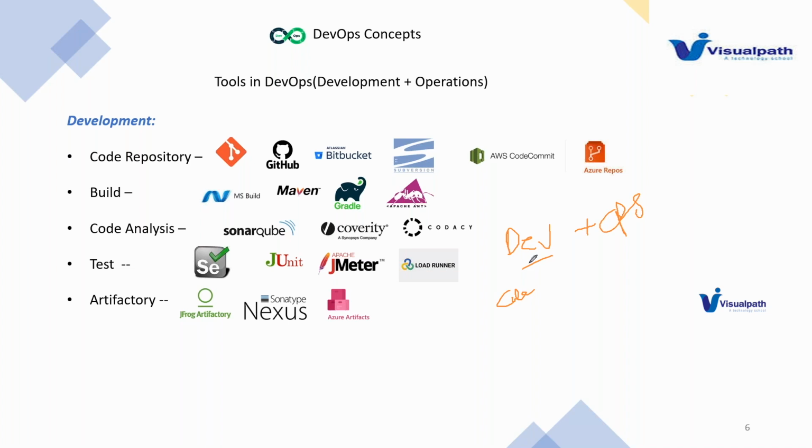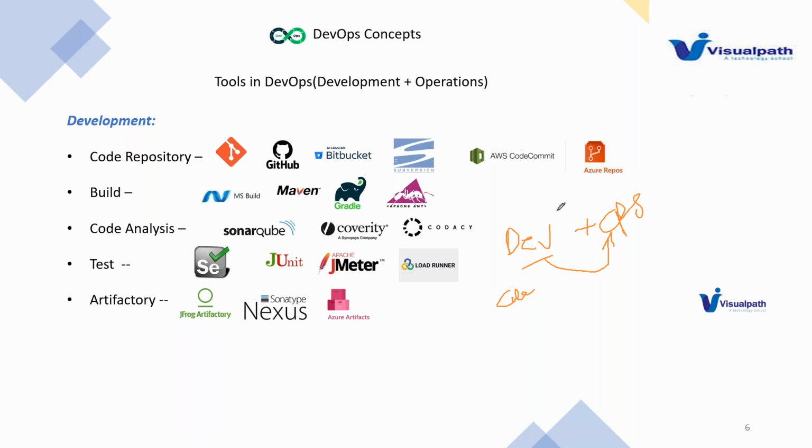Developer teams didn't know whether the VM was ready. Then DevOps came, combining developers and the operations team, delivering software in a faster way.